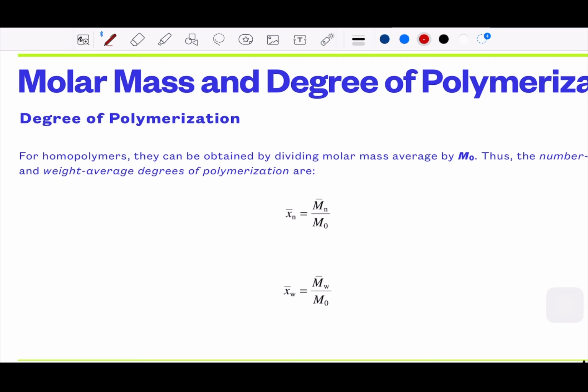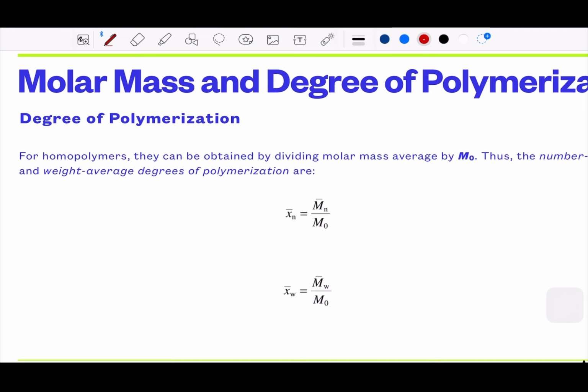And then the definitions of the degree of polymerization. How can we compare? The polymerization is based on the ratio of the number average. So we say this one is the number average and the other one is the weight average.